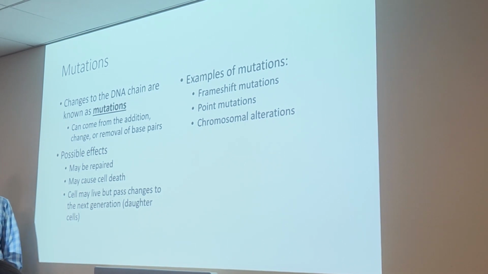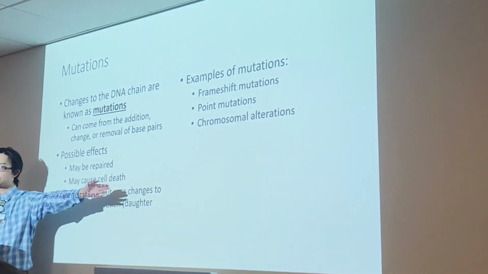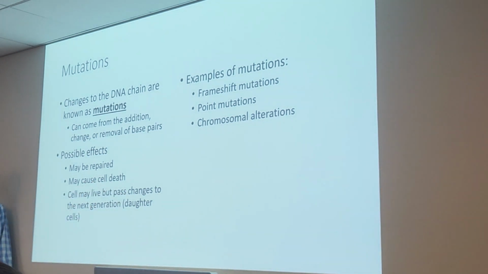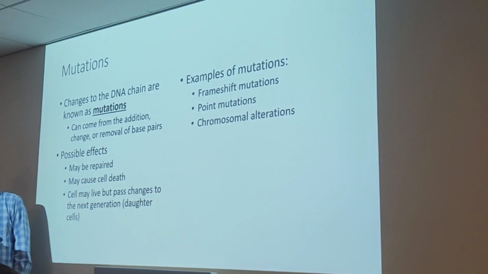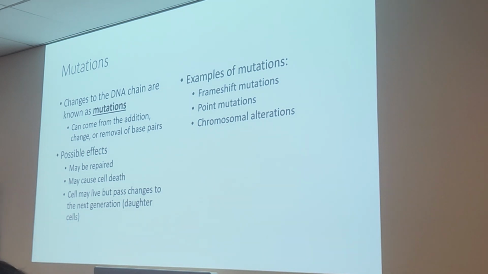Well, maybe the cell catches the mutation and repairs it. Maybe the mutation is in a critical part of the DNA and the cell just dies. Or maybe the mutation doesn't damage the cell, so the cell lives and is able to replicate and pass that mutation on to the next generation of cells.